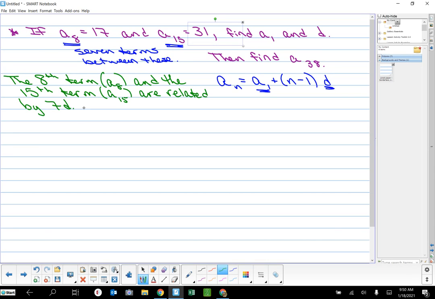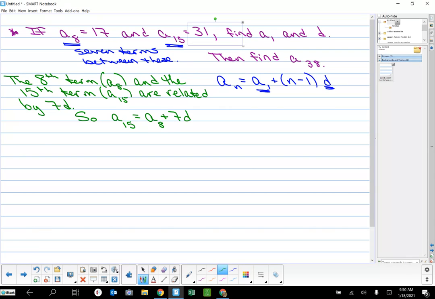So with that being said, a sub 15 is equal to a sub 8 plus 7d, right? You'd start at the 8th term, you'd add 7 differences, and we would arrive at a sub 15.